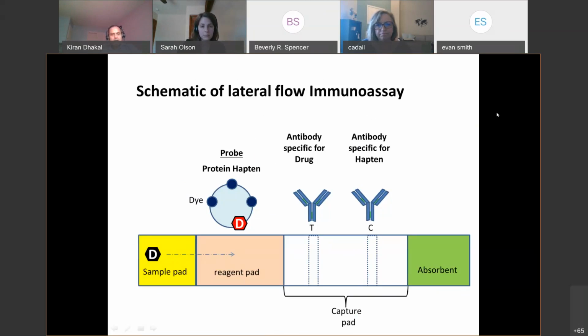And your reagent pad is coated with a probe, which consists of a protein called hapten, which has a dye attached to it, as well as a drug of interest. On the capture pad, you have 2 lines. One line is coated with an antibody that is specific for the drug, and another line is coated with another antibody which is specific for the probe, or the hapten molecule in the probe.